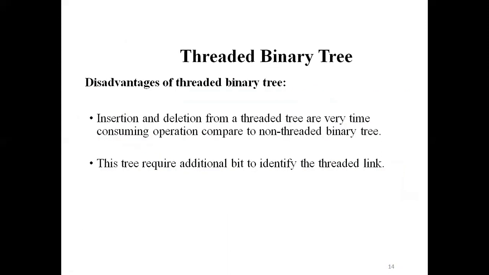Then the disadvantages of this threaded binary tree: the insertion and deletion from a threaded binary tree are very time consuming operations compared to a non-threaded binary tree, because here we have to deal with the threads, that is, the in-order successor and predecessor. This tree, that is, the threaded binary tree, requires an additional bit to identify the threaded link. That's it.